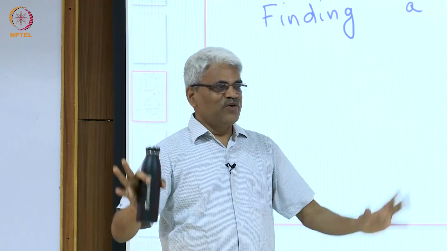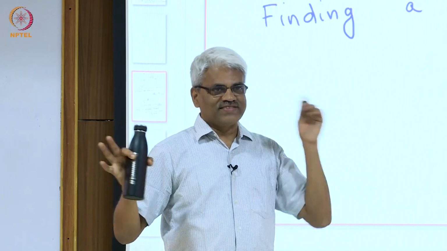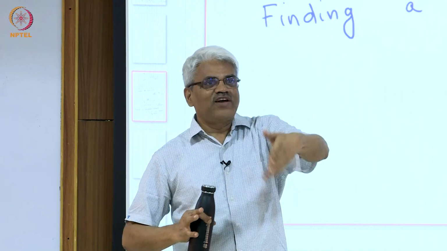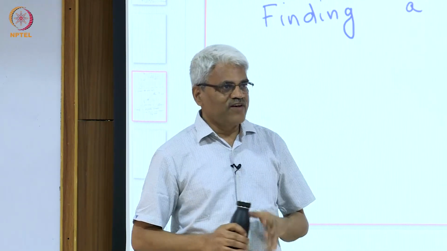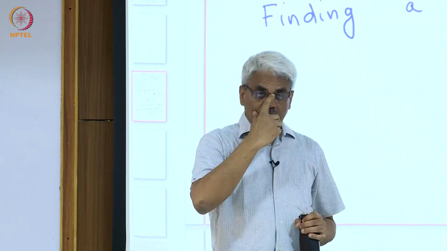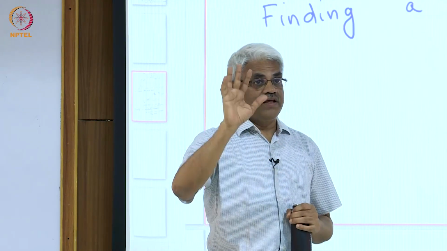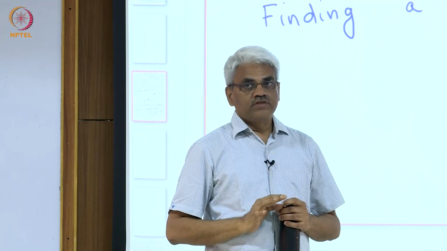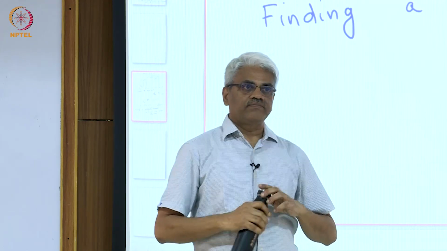Again, let's say no constraints on space or access. We started with n square with a lot of space, n square with very little space, and now we have an n log n algorithm. I told you can find the median in linear time. Suppose I find the median element.